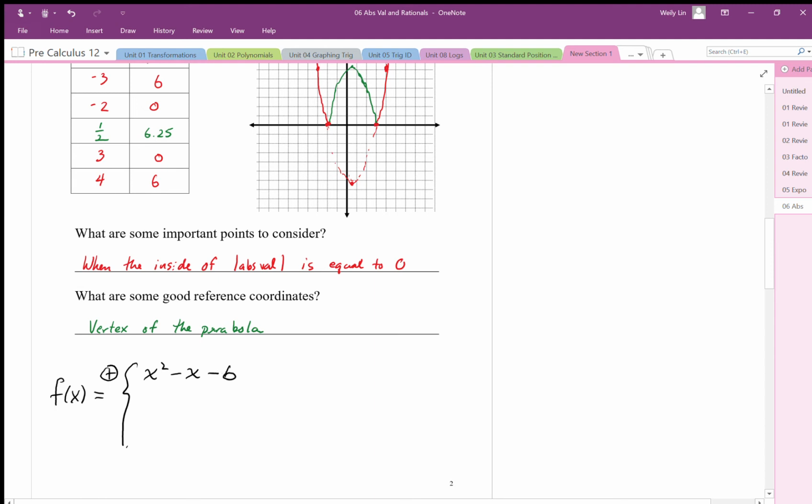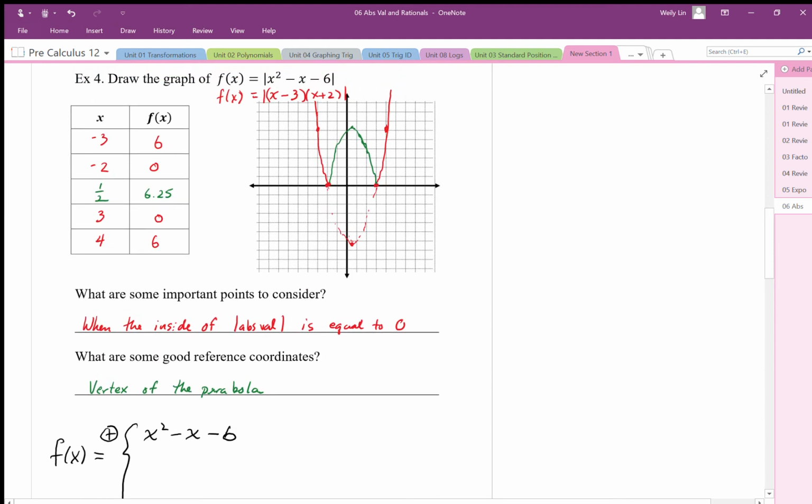I'll do this in red because that's my original red graph. When the original y coordinates are positive, nothing changes. It just behaves like the x squared minus x minus 6 parabola.